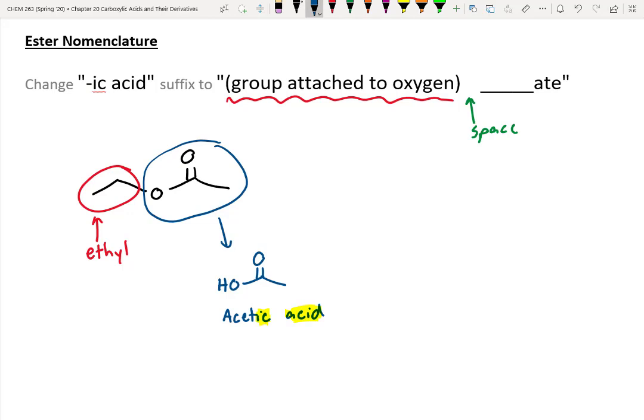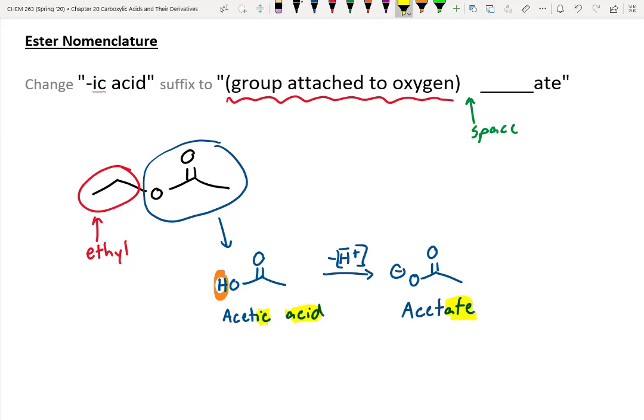And what this really means is we're going to drop off this proton here. So this proton coming off the end is going to be removed, and we're going to essentially name it as a carboxylate salt, which is why it gets that ate suffix. So we're going to change this to acetate.